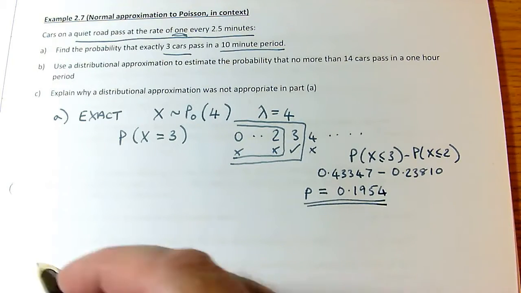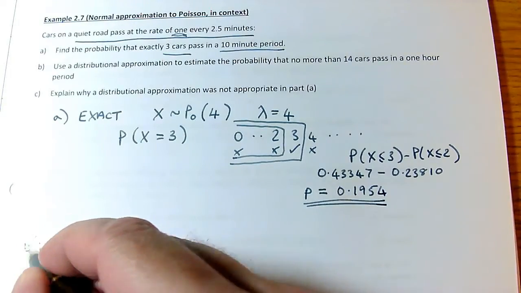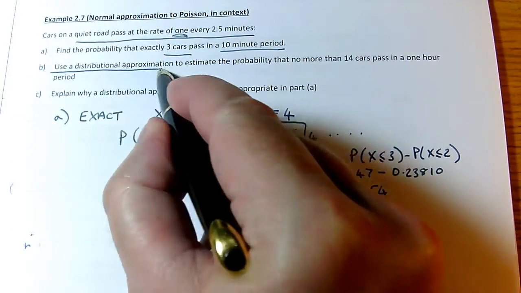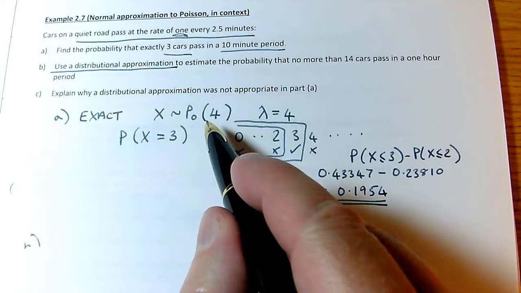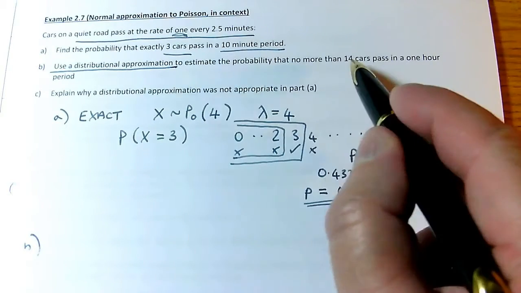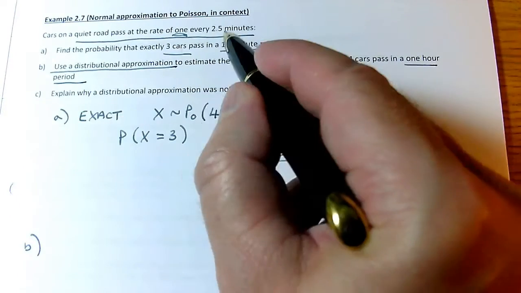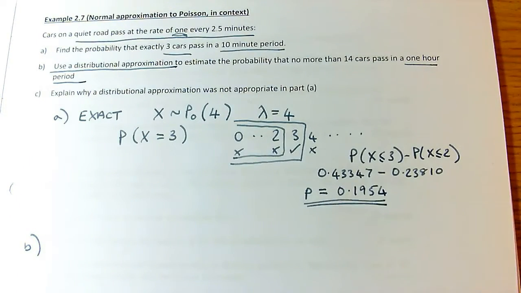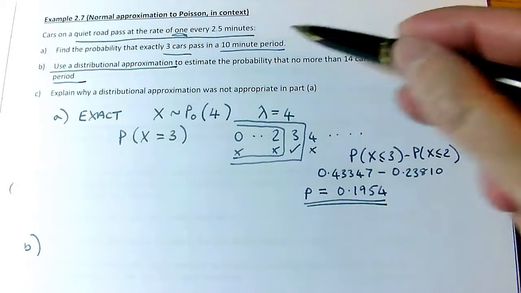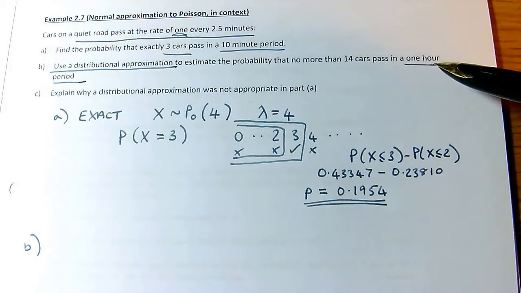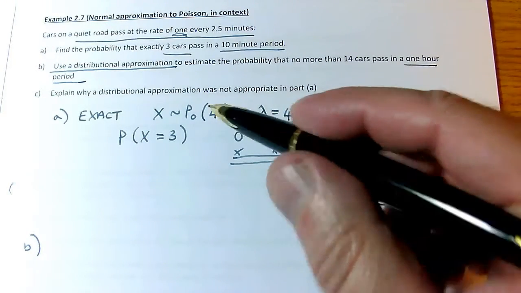So that's part A. Part B now does mention use a distributional approximation. So I had my exact distribution here, but oh no, that's changed, hasn't it? I've now got a 1 hour period. So how many 2.5 minutes are there in 1 hour? Well, I'm going from 10 minutes to an hour. That's 6 times as long. So I've now got a Poisson with a mean 6 times as big.